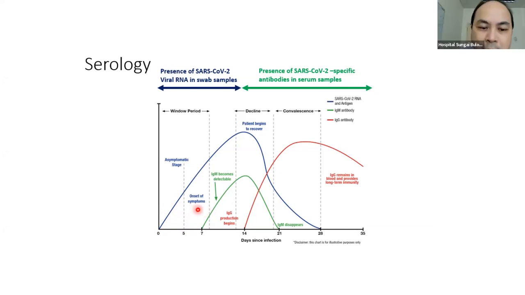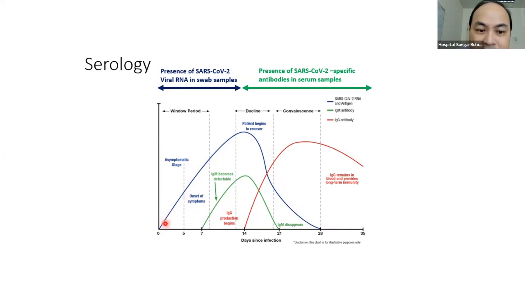So the viral load increases, the antigens all increase, and then the antibodies start kicking in at about day 7. Once the antibodies start kicking in, that's when your antigens start falling. If you do a PCR test, it will pick up all of this.